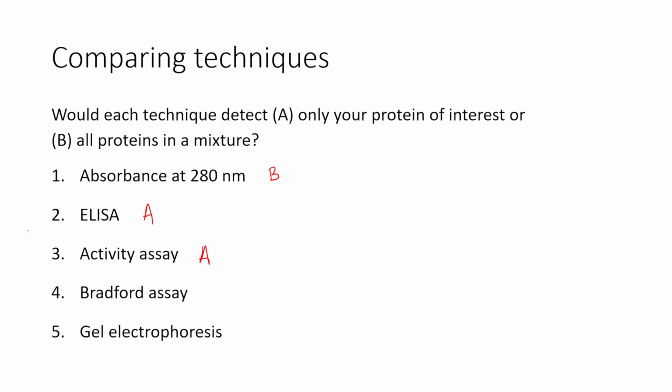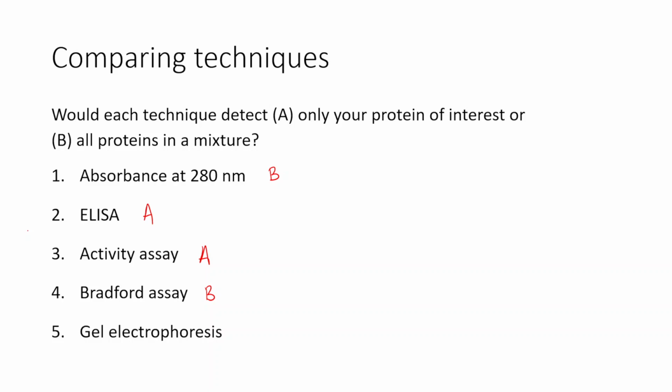How about Bradford assay? Yeah, Bradford assay is measuring all proteins. It's using a color change of the Bradford reagent, which indiscriminately sticks to all proteins. The more color you get, the more protein you have. Doesn't matter what protein it is. How about gel electrophoresis?